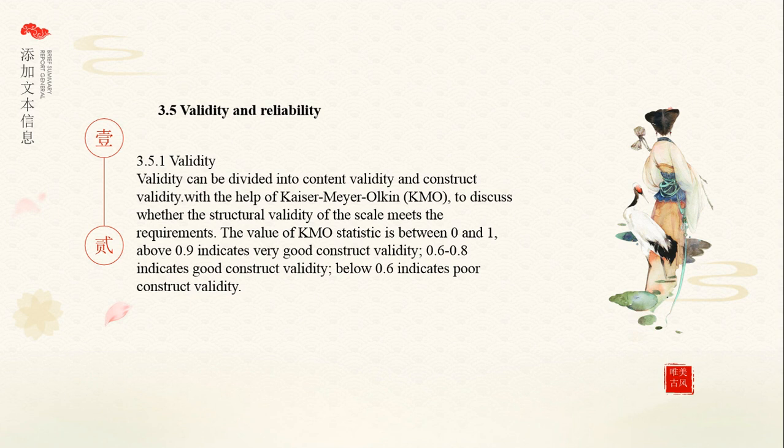And then the validity and the reliability. For the validity, I use the KMO to discuss whether the validity of the scale meets the requirements. Here is the standard between different levels. And above 0.9, it can indicate that it is very good construct validity.